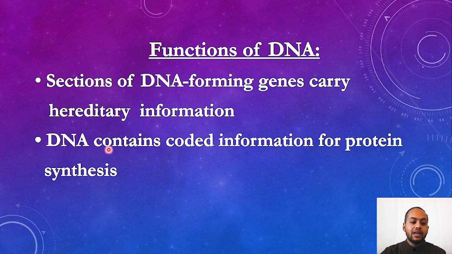So DNA is going to contain the coded information for protein synthesis. This simply means that DNA is going to provide the code. It's going to provide the first message in order for protein synthesis to actually occur. And what does protein synthesis mean? The process where we are going to be making that particular protein. So those are the two important functions of DNA.